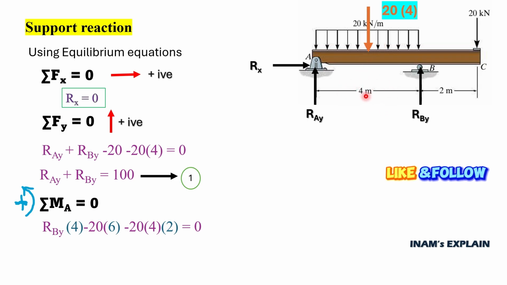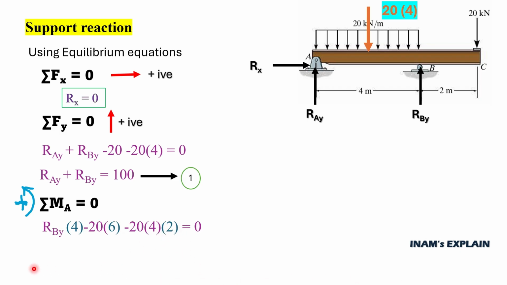So the total length is 4, so it acts at mid, meaning it acts at 2 meter. So this 20 into 4 is the force, and this 2 is the perpendicular distance from this point to this support reaction, where I am finding the moment, summing all the moments equal to 0.